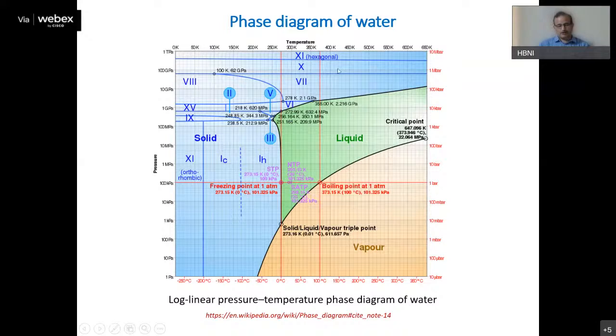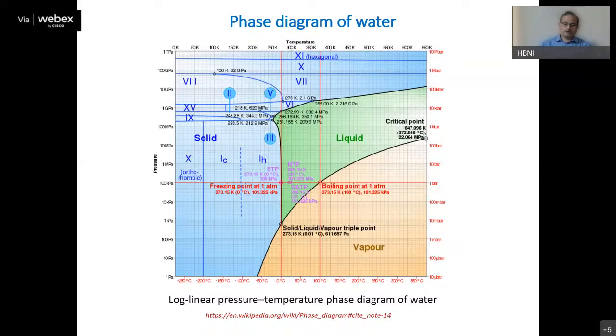So various phases people have found out under the pressure and temperature studies. So basically, this is the main motivation of studying these phase transitions under high pressure, temperature, and thermodynamic parameters in order to establish these phase diagrams and to know what will be the stable phase under given thermodynamic conditions.